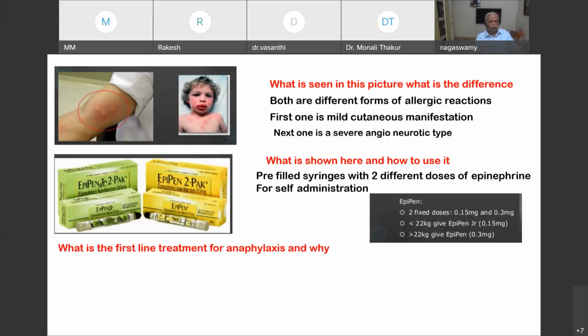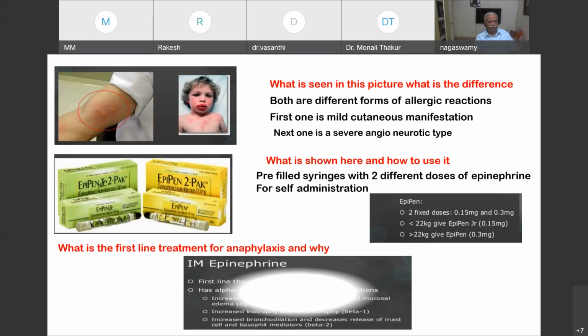So what is the first line of treatment for anaphylaxis and why? It's a common scenario that will be given in your exam. And this knowledge is very important because once in a while, unfortunately, you may land up with a patient having an anaphylaxis, like for any of your anesthetic agents. So unless you know what is the treatment, you cannot save the patient.